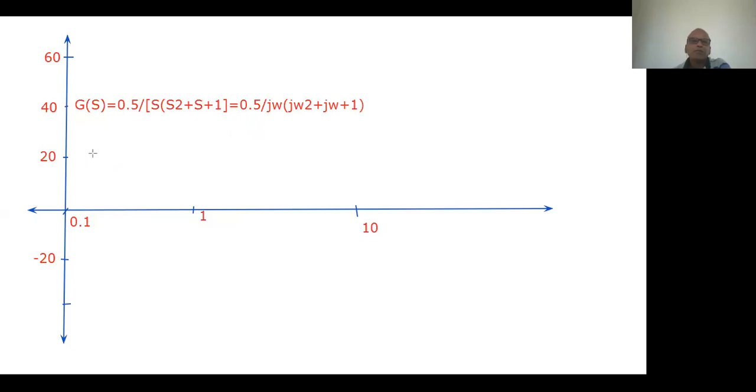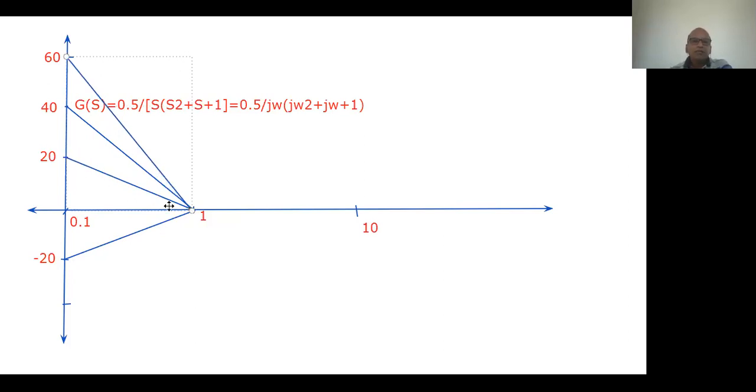Then draw. Again, once you have the practice, draw a faint line from this 20 to this 1, minus 20 to this 1, then minus 40 to this 1, then minus 60 to this 1.